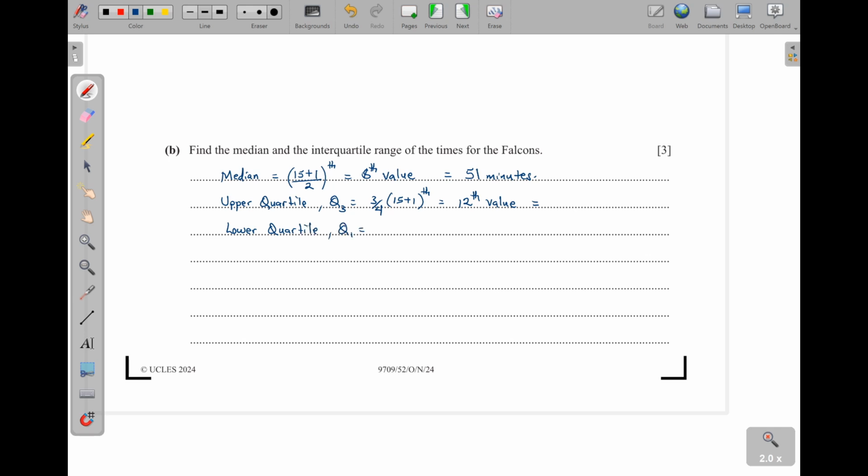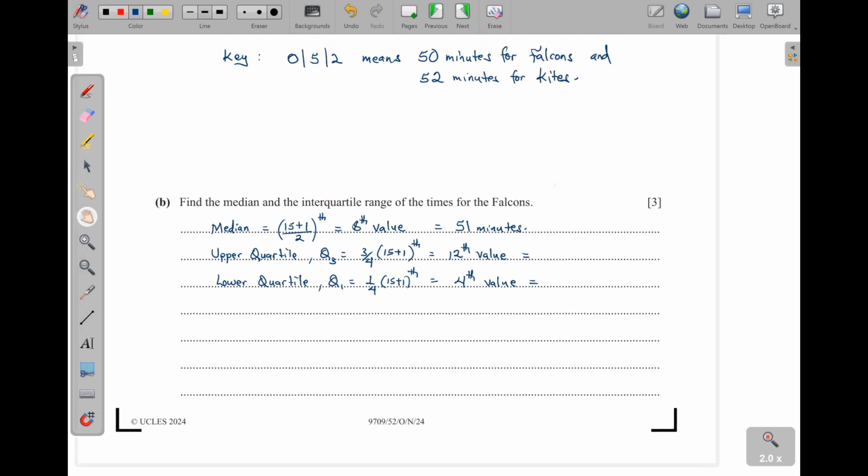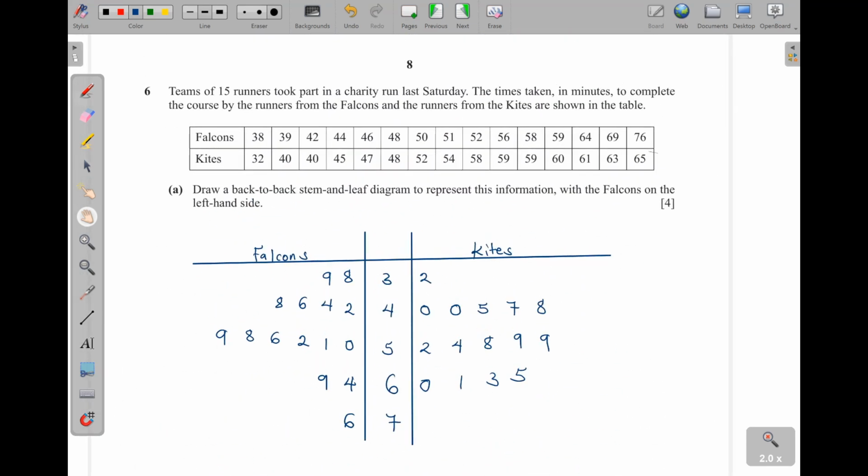Q1 is going to be a quarter of that 15 plus 1, which is actually the 4th value. So let's go and check the 4th and 12th. The 4th value, 1, 2, 3, is 44. The 12th value: 5, 6, 7, 8, 9, 10, 11, 12. This is the one. So we have 59 and 44.